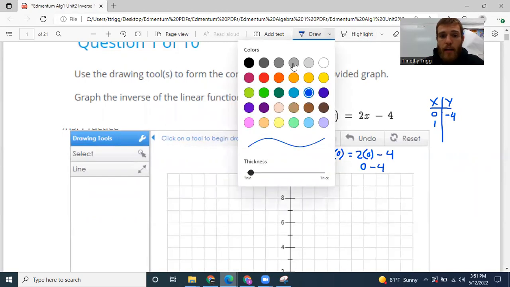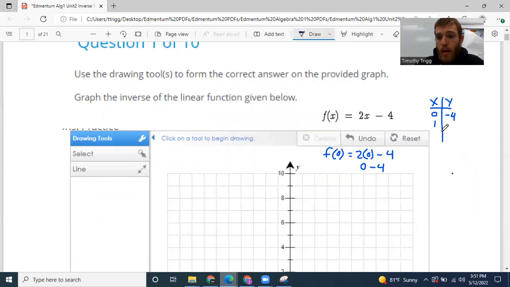Let's find another point. Here I'm going to replace the x with 1, so I'm going to find f of 1. This is going to be 2 times 1, minus 4. This becomes 2 minus 4, which is -2. So this function will have these coordinate points, 0, -4, as well as 1, -2.